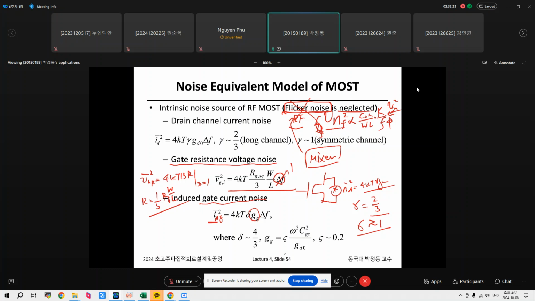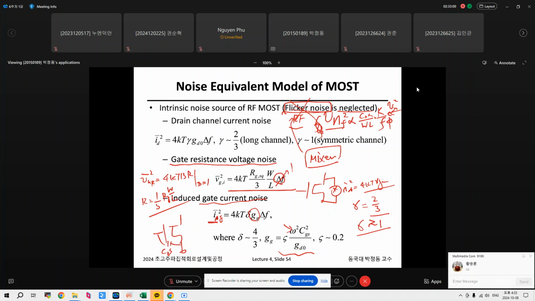GG is calculated by this, just from the pole of the gate, because if you see this, there is a capacitor over here, CGS.